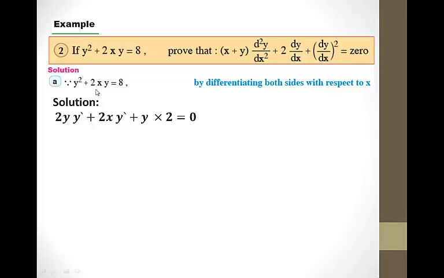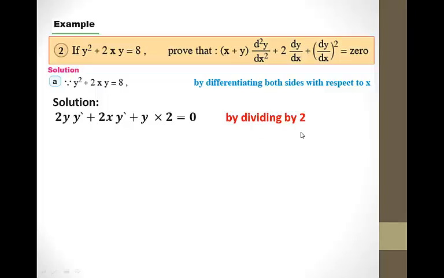So we have the first 2x multiplies the derivative of y, which is y dash, plus the second y multiply the derivative of 2x, which equals 2, equals the derivative of 8, which is 0. So after differentiation with respect to x, 2y y dash plus 2x y dash plus y multiply 2 equals 0.